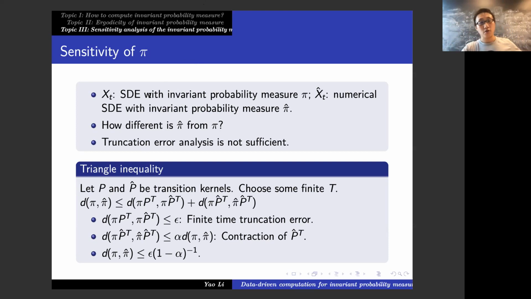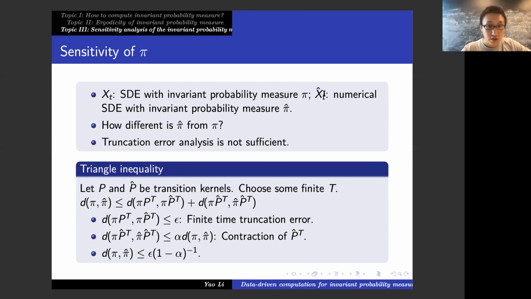Let me show you the simplest sensitivity analysis we can carry out. It does not have to be like this; you can add other parameters. We only study one type of sensitivity, the sensitivity against the discretization. Let X be the real SDE, and let X hat be the numerical one, with finite time steps.